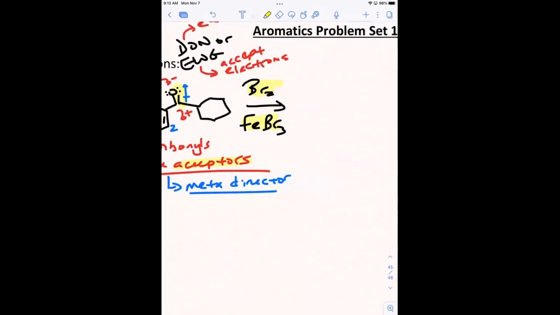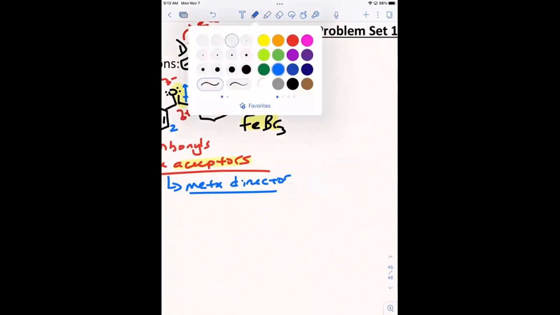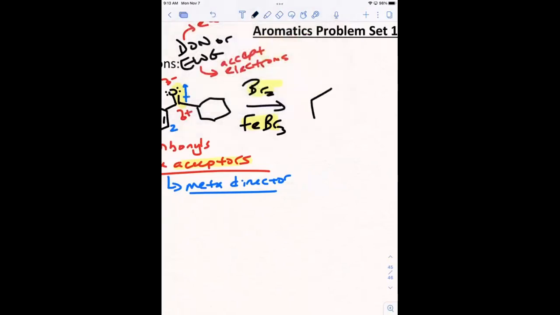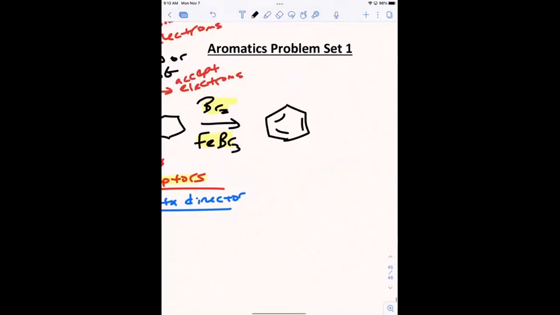The fact that the carbonyl is an acceptor means that the bromine can only go meta. It cannot go anywhere else. So the bromine has to go here.